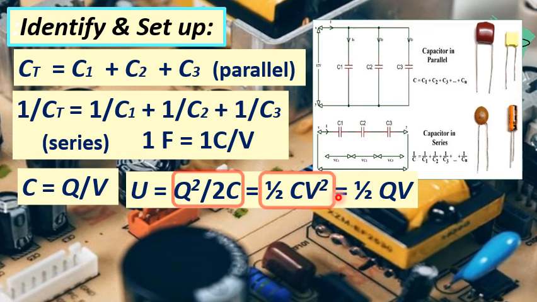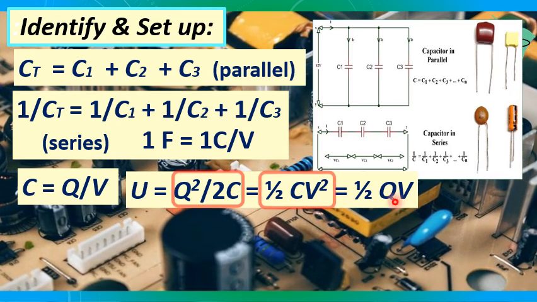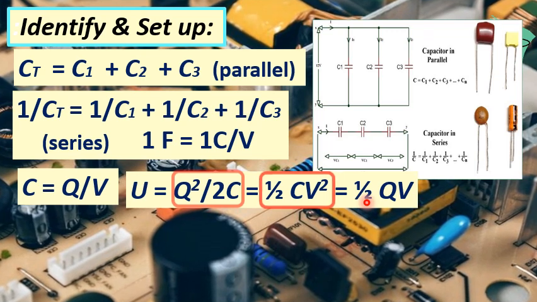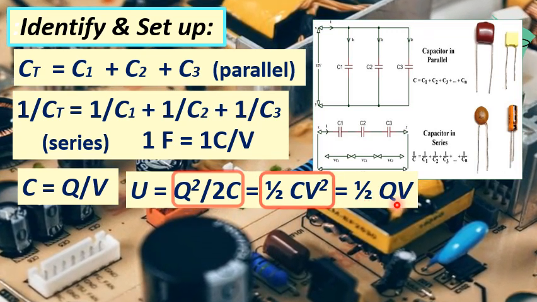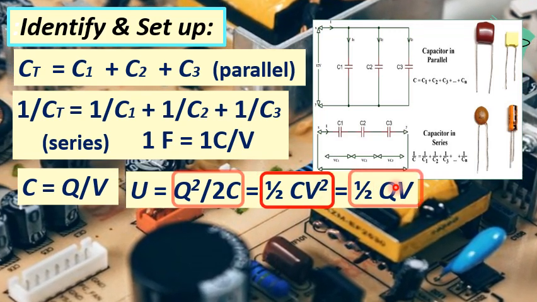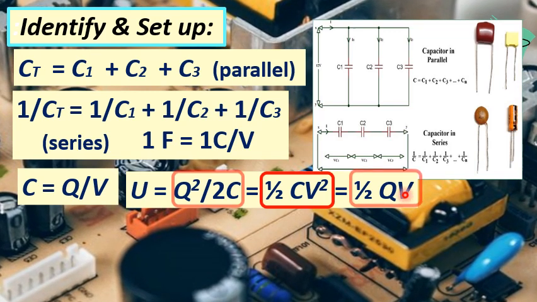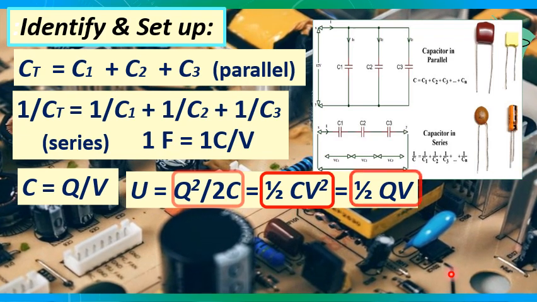But we have a general formula which is applicable for either series or parallel connections of the capacitors. And that is, big U is just equal to 1/2 the product of the charge big Q and the voltage capital V.